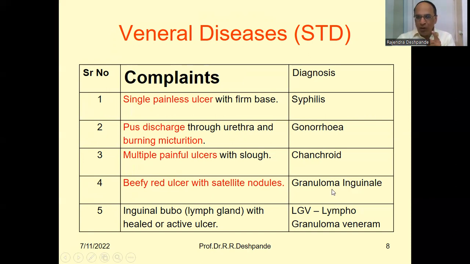Then an inguinal bubo, that is a lymph gland swelling with a healed or active ulcer. Here a typical lymph gland swelling is there in your groin. So this is LGV, lymphogranuloma venereum. So these 5 important venereal diseases you can diagnose, as a differential diagnosis, with the help of only symptoms without any investigations.